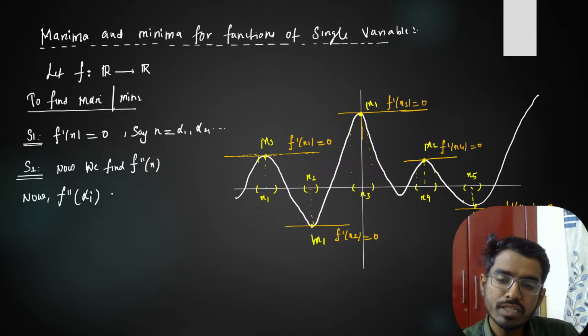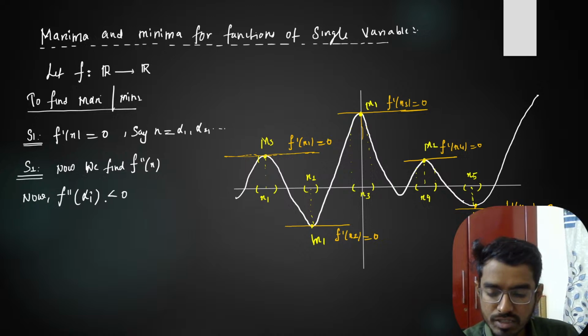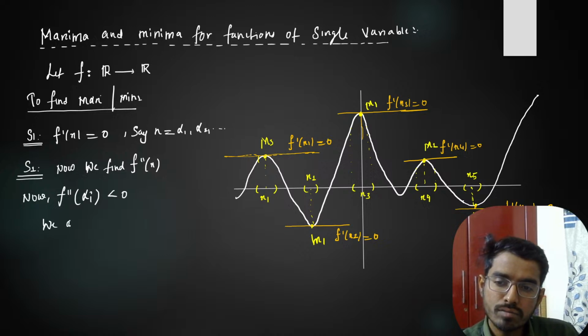If f double dash of alpha i is less than 0, we say at x is equal to alpha i, it attains a maximum value. It attains maximum.